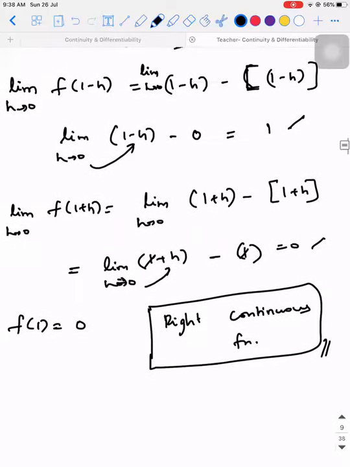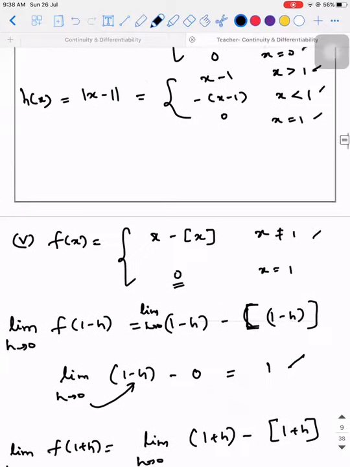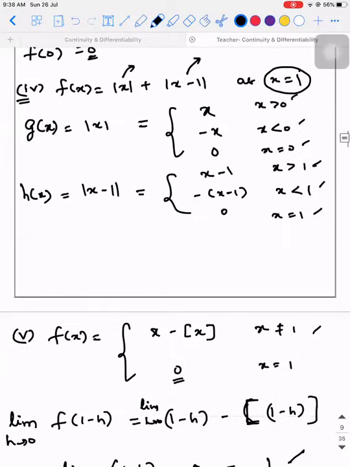Sir, in the previous sum, can we take the limits directly as 1 minus h and do it, sir? Yeah, you can do that first. But what will happen is you need to split. See, I've solved a similar problem from your textbook. I think it was the 24th or 25th one, when I explained continuity and differentiability.